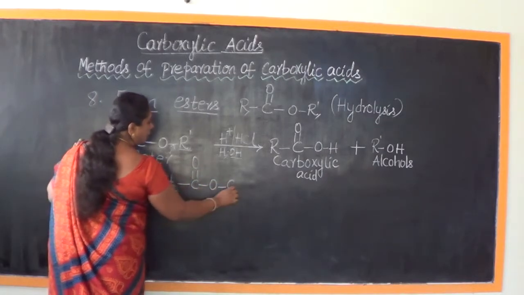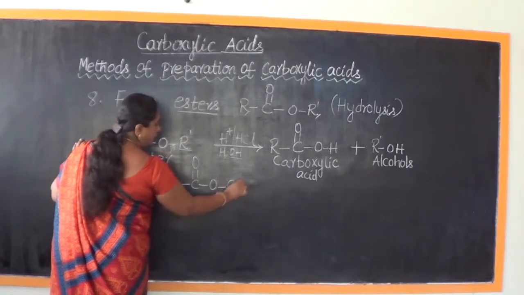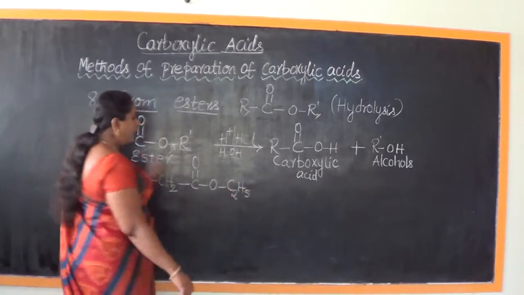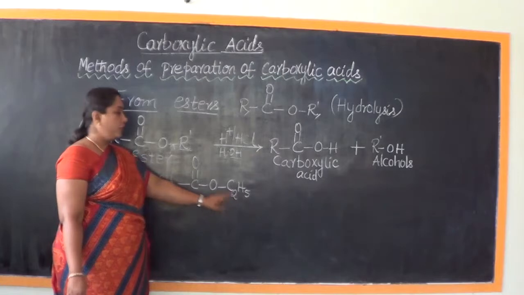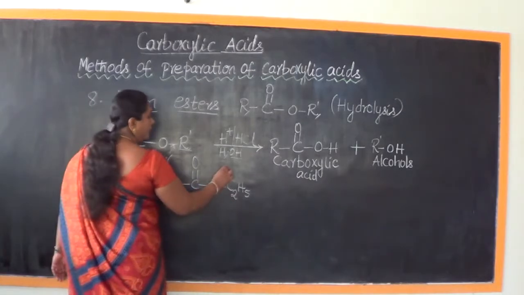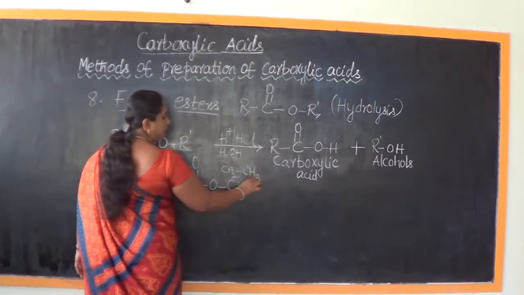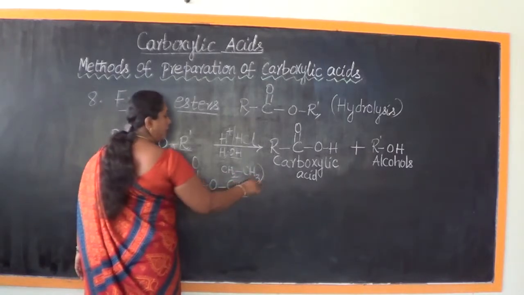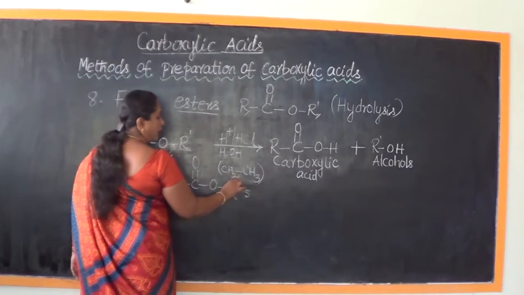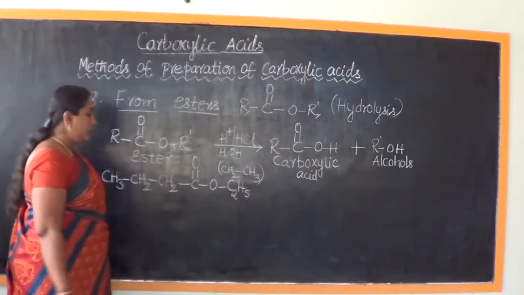Then this R I'll replace with C2H5. Either I can write directly C2H5 or else we can also write it as an expanded chain, CH2, CH3. Either you write like this or like this, it's going to be one and the same.